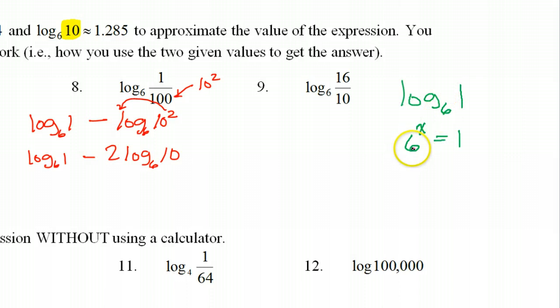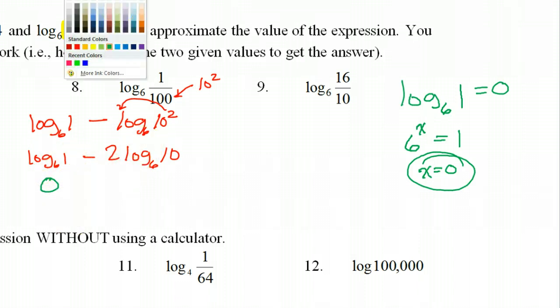Well, anything to the 0 power is 1. So that means x in this case would be 0. So 0 is the value of this log. 6 to the 0 power is 1, so the value of that is 0. Pull that back to the front of your brain.